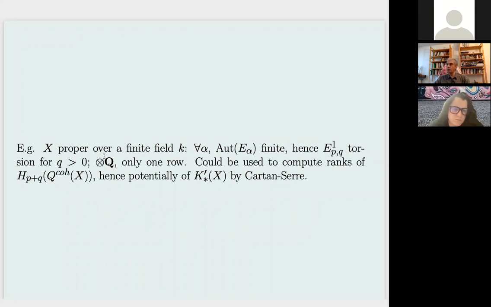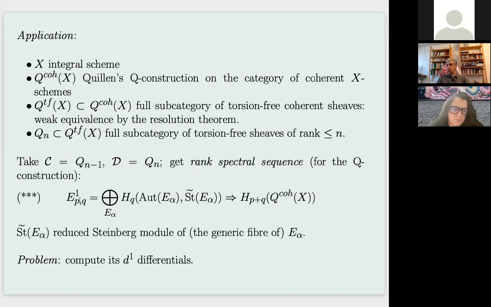So if you tensor with Q, everything disappears except for Q equals 0, so you have only one row. So what you have to compute is this D1 differential, at least on that row.